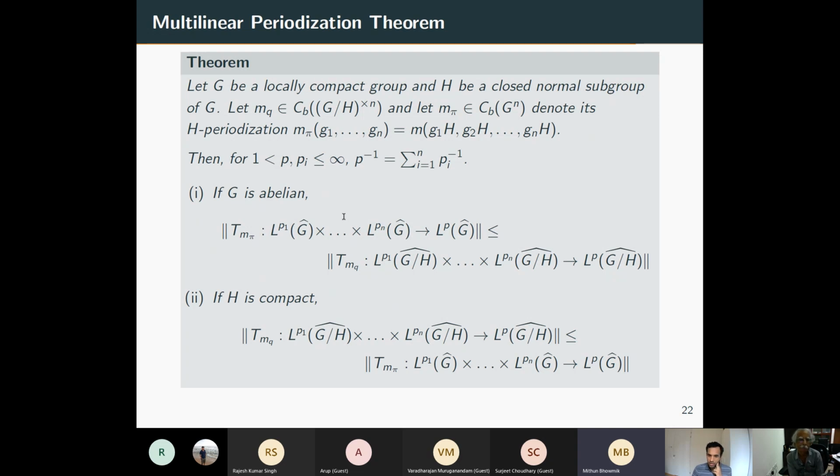This is really because it's always possible to construct non-abelian groups where this part is pretty badly behaved.